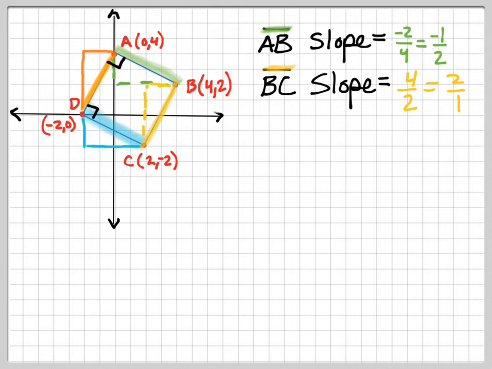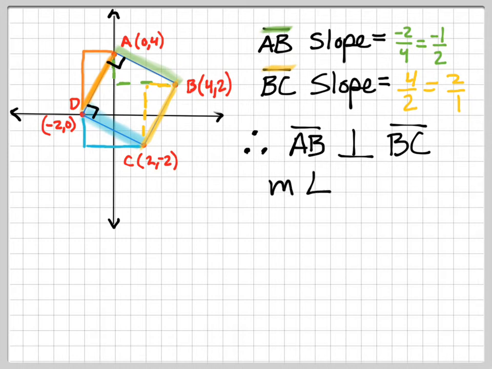And these are also opposite reciprocals, as we call it. So therefore, segment AB is perpendicular with segment BC, which makes the measure of angle ABC equal to 90 degrees.